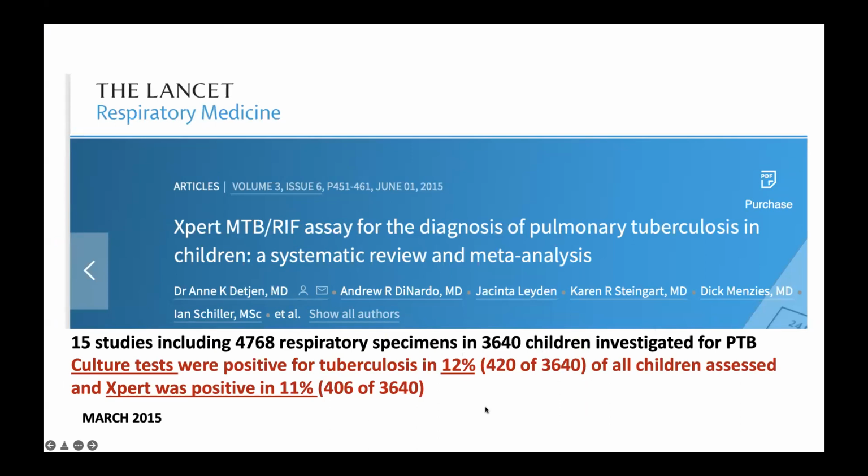You can see there are almost 4,000 children, and in 12% do you find a positive culture, and in 11% do you find a positive Xpert. So you have 100 children who you suspect probably have TB clinically, but only in about 11 of these children will that Xpert be positive. I don't know if that's quite sobering.